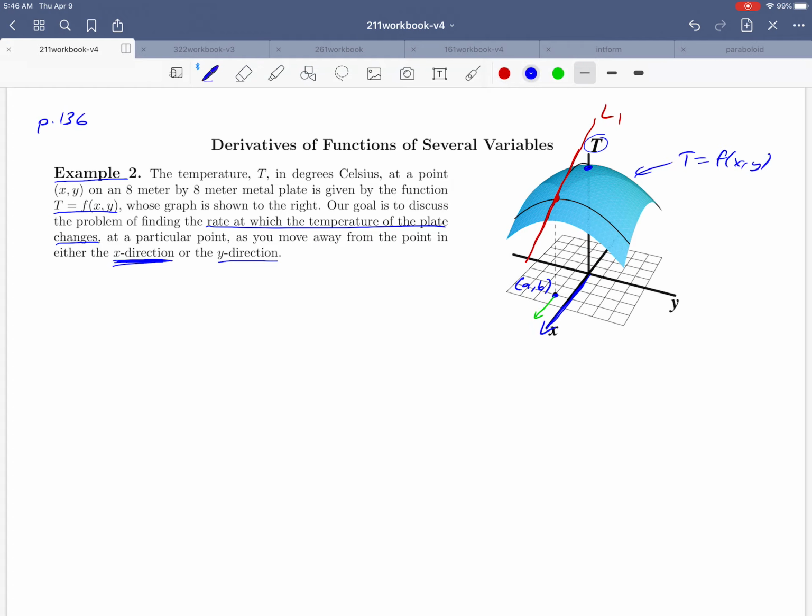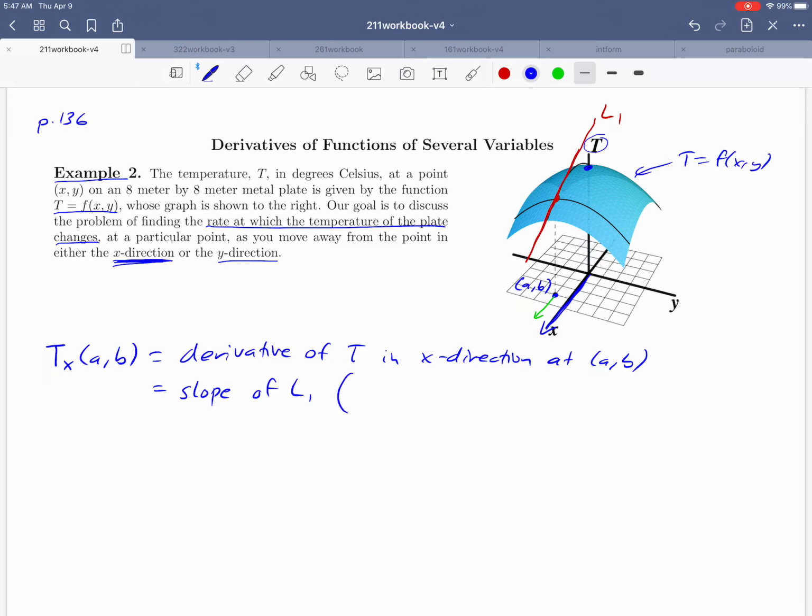So let's put a little bit of notation to this. Our notation for the rate of change in the x direction is going to look like this: T sub x of a, b, the derivative of T in the x direction at the point a, b, if we write out the words. Graphically, it's going to be the slope of that red line that we drew in, the slope of L1, and when I say slope, I mean change in temperature over change in x.